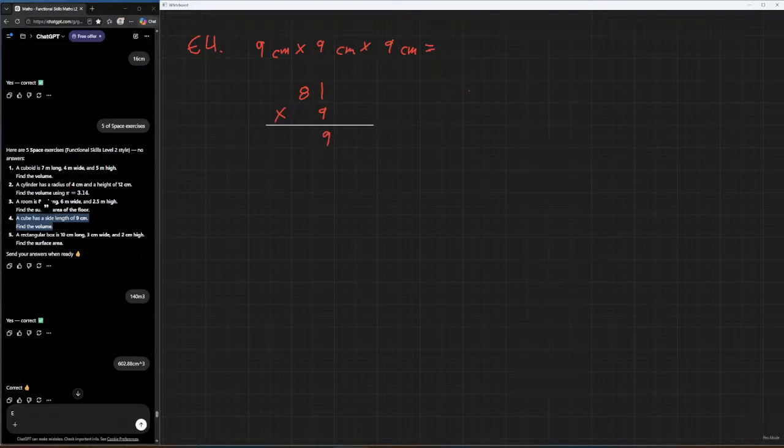I know 9 times 9 is 81, then minus 9. If we had 80, it would be 71, but it's going to be 72. So 72, and that's 729. It's going to be centimeters cubed.